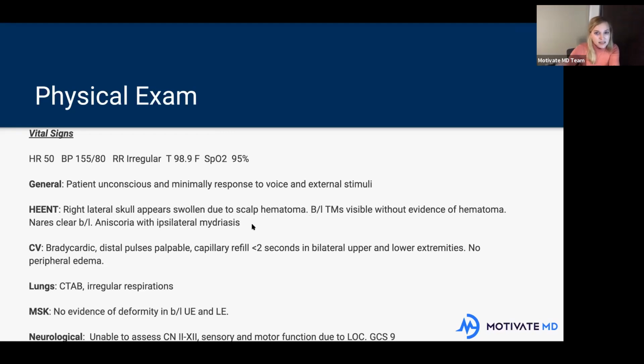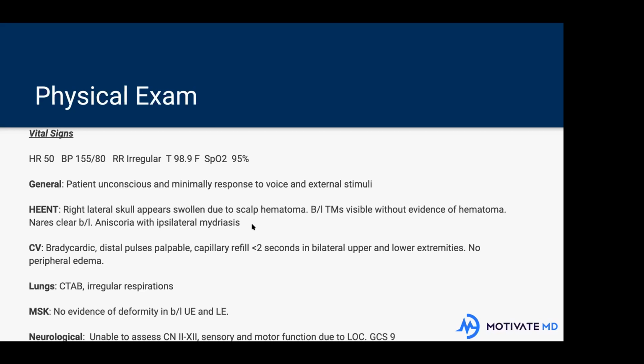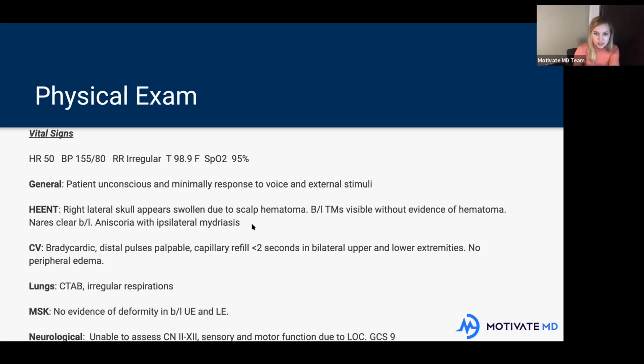So basically, if you have ever fallen and hit your head and gotten a goose egg, that's essentially what I'm talking about: you have trauma to the skin of your scalp, which causes swelling. So that's another clue that we have. There could be some underlying issue here. There could be a skull fracture. We don't know until we do imaging of the head.